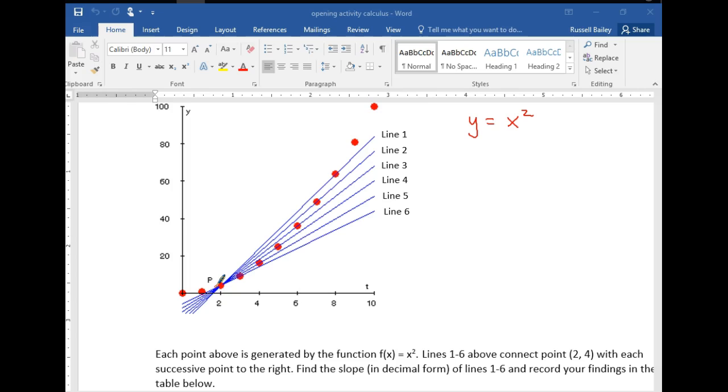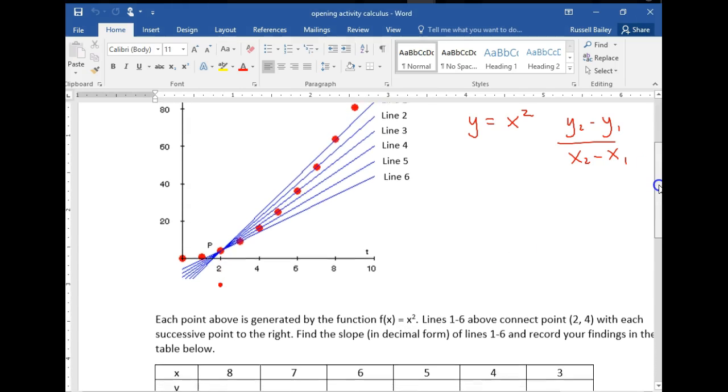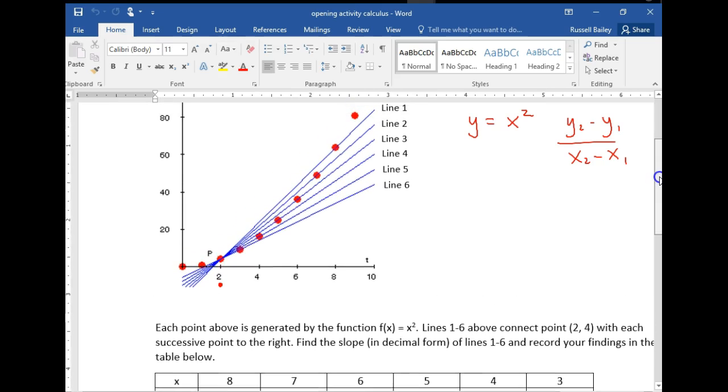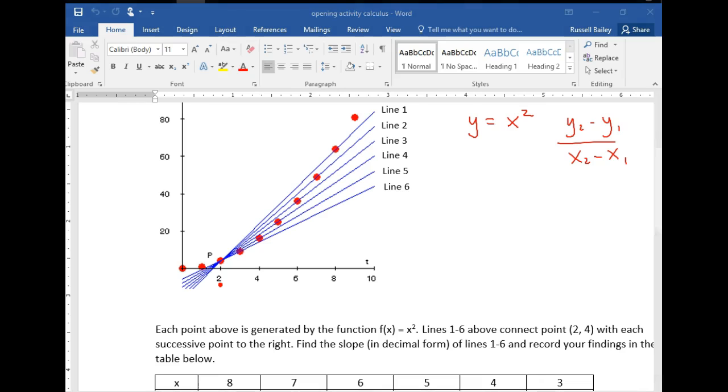So you guys know that the slope formula is y2 minus y1 over x2 minus x1, right? Rise over run? All right. So let's start with line 1. Line 1 is right here.